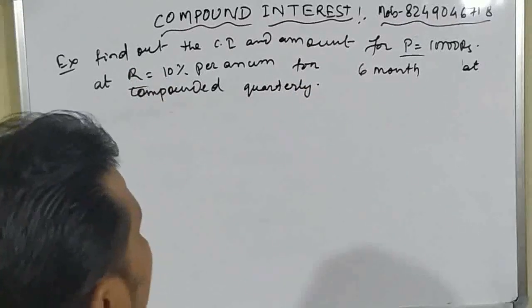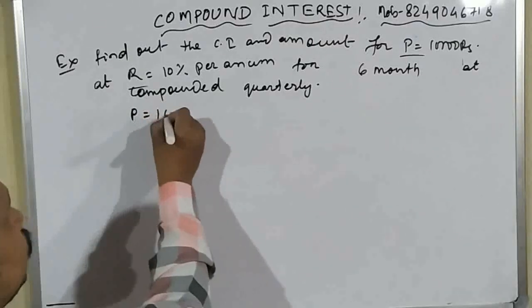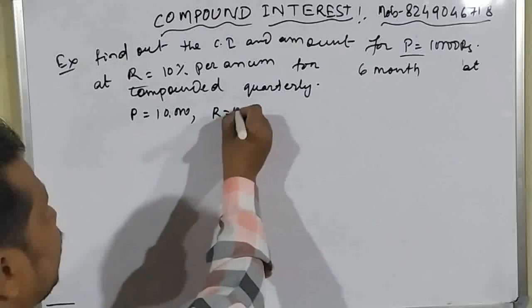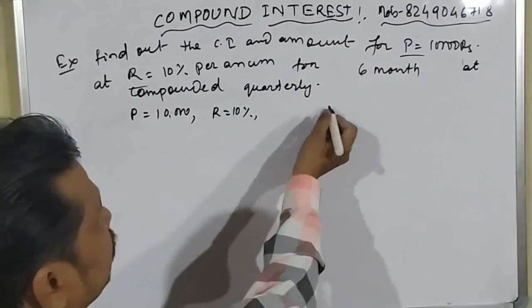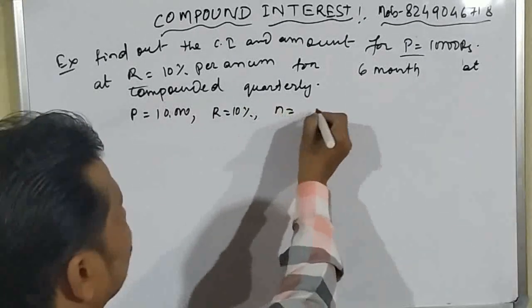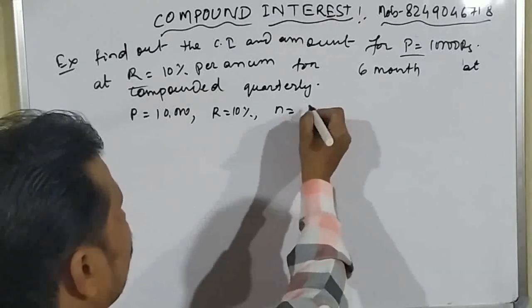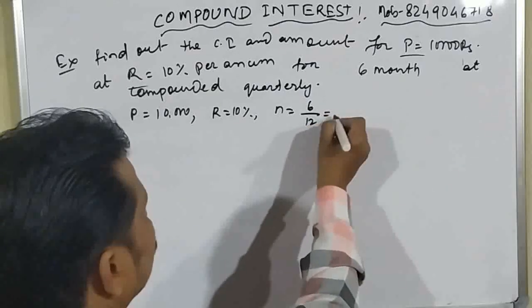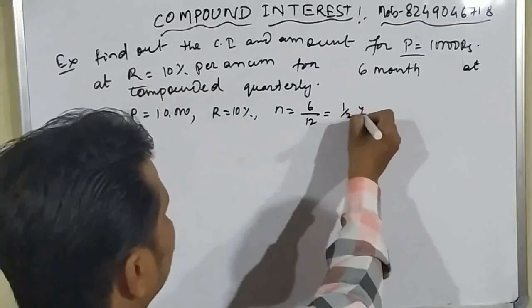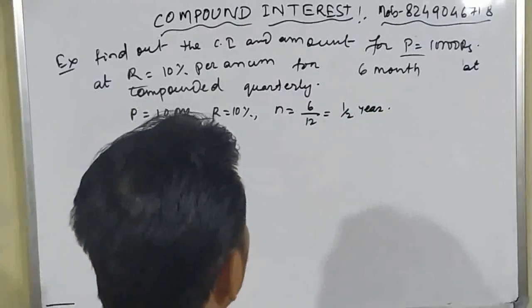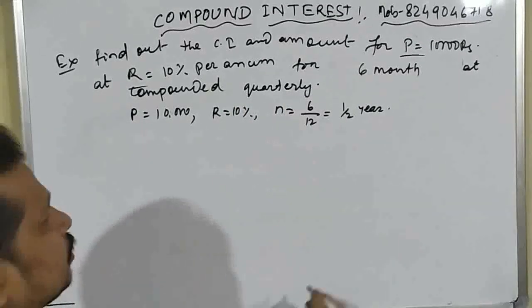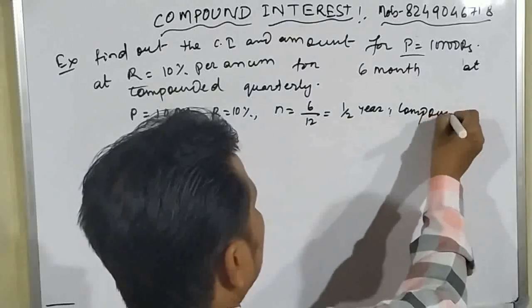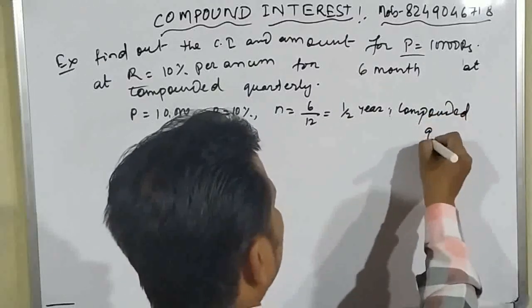Now here we can see that the principal is equal to 10,000, the rate is equal to 10%, and time n equal to how much? 6 months means 6 divided by 12, which is equal to 1 by 2 year. Okay student? And here it is compounded quarterly.